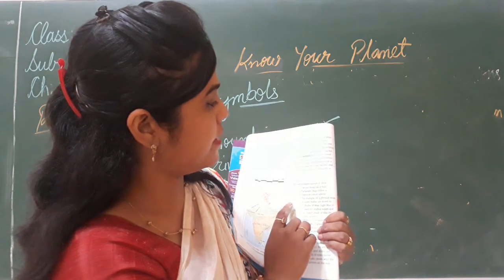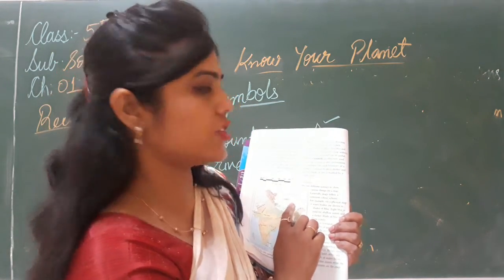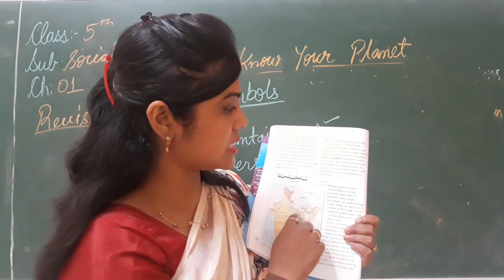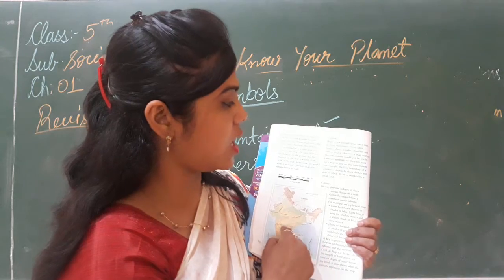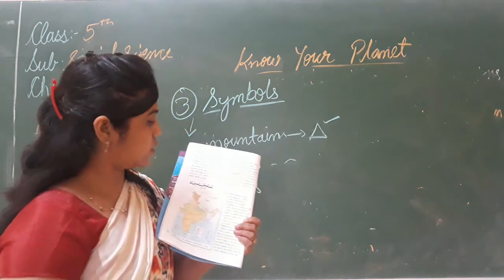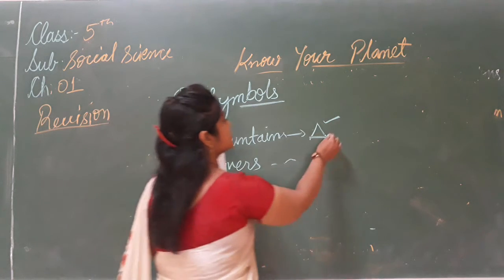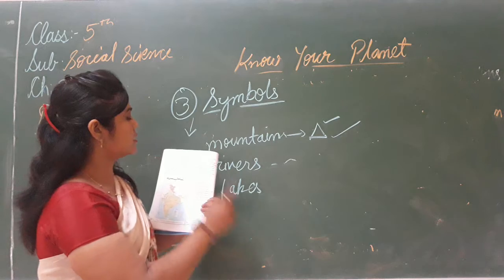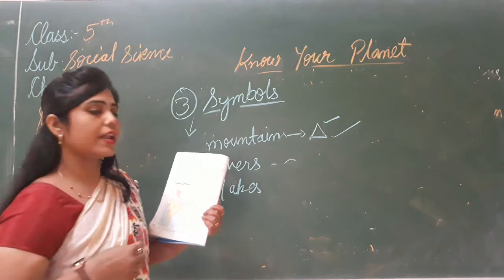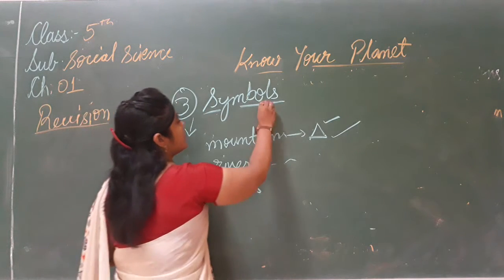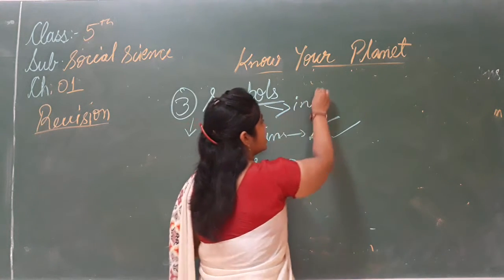A map without information would not be useful. So different symbols are used on a map to give us this information. Symbols are used in a map to give information. What do we get from symbols?